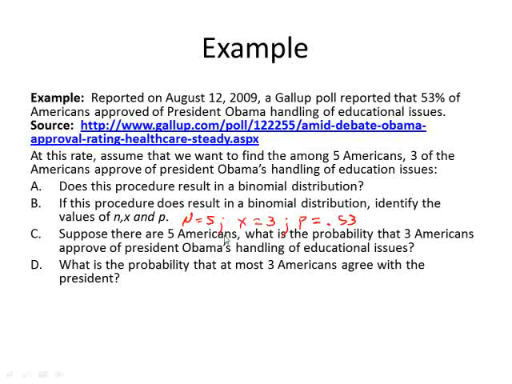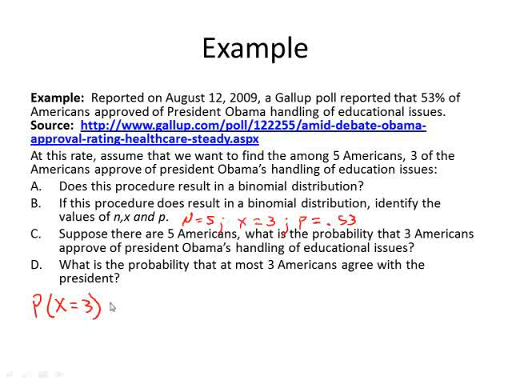All right, so suppose that there are 5 Americans. What is the probability that 3 Americans approve of President Obama's handling of educational issues? So for part C, this is asking us, what is the probability that x is equal to 3?